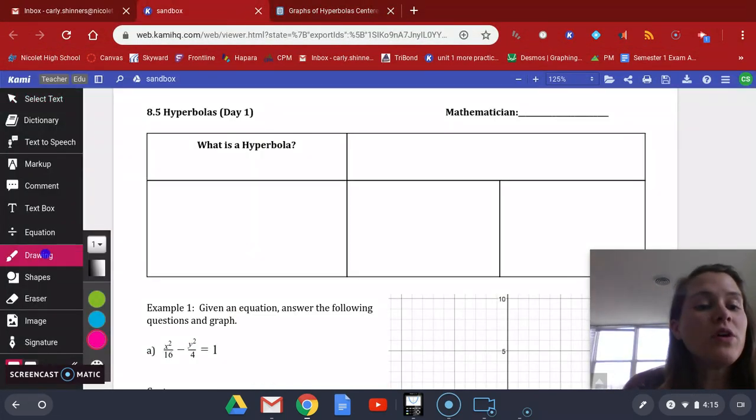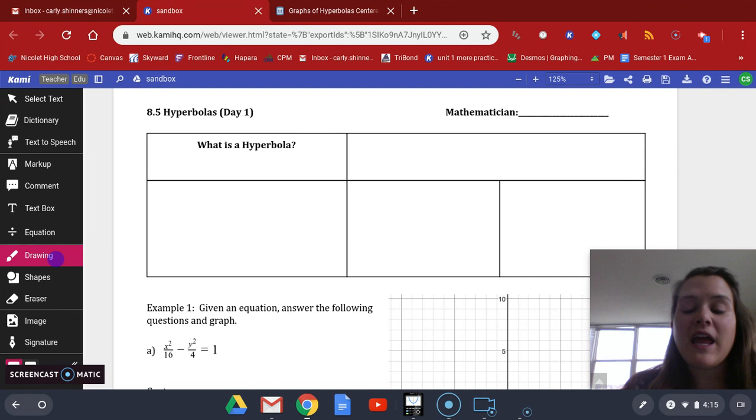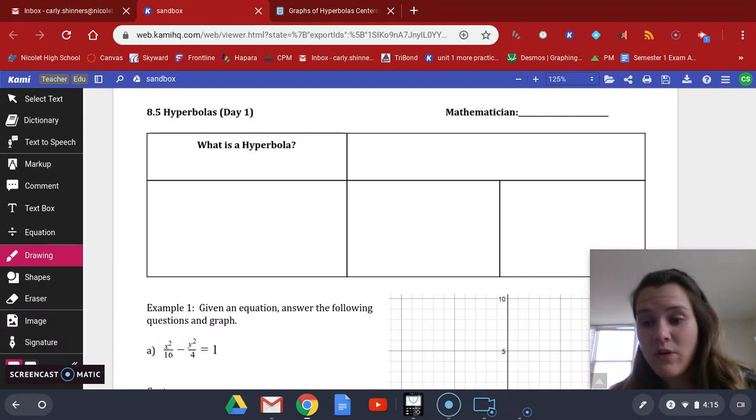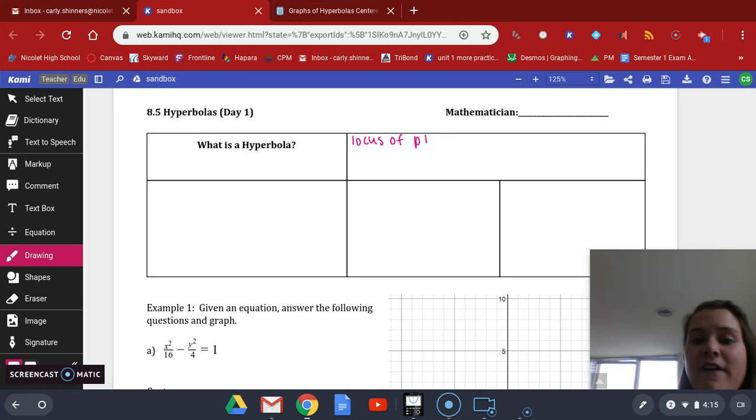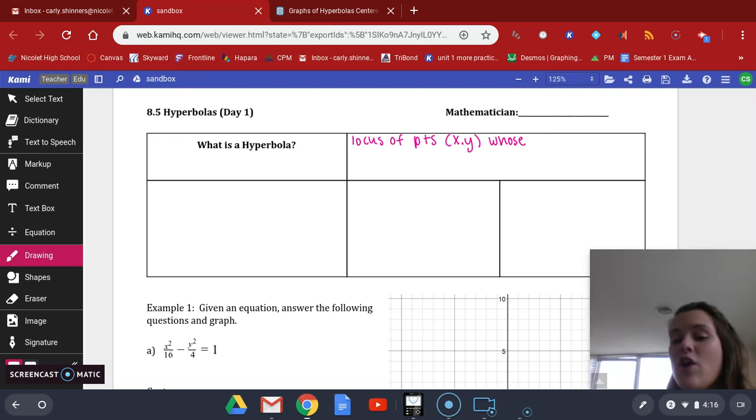And the cool thing is the definition and actually the equation is very similar to the ellipse. The only difference here is instead of adding the distances from the foci, we're just subtracting them. So that's the only difference.